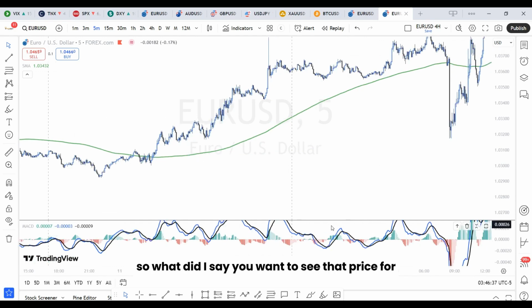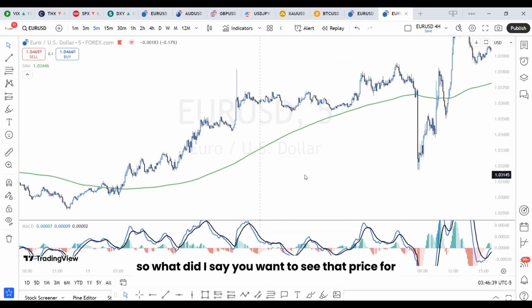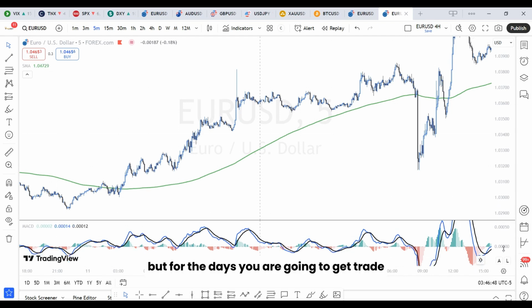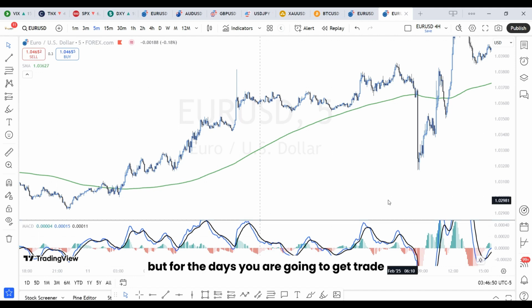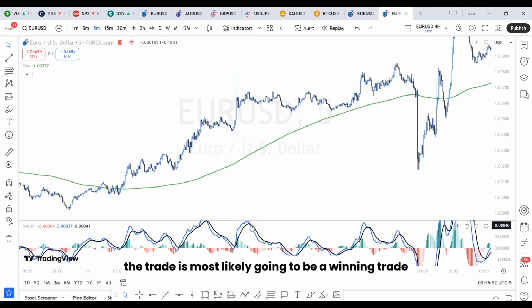So what did I say? You want to see that price is above the 200 moving average. So you might not get trades every day, but for the days you are going to get a trade, the trade is most likely going to be a winning trade.